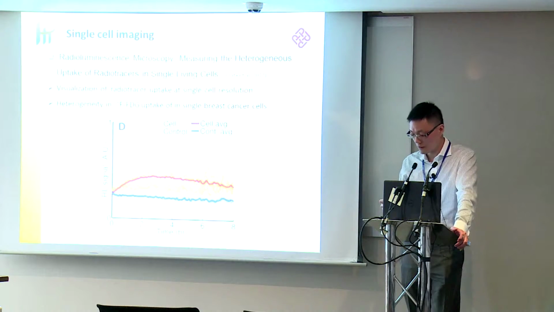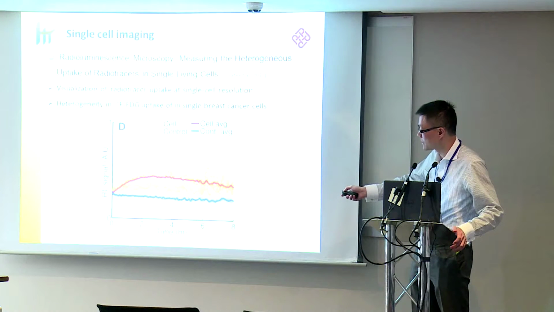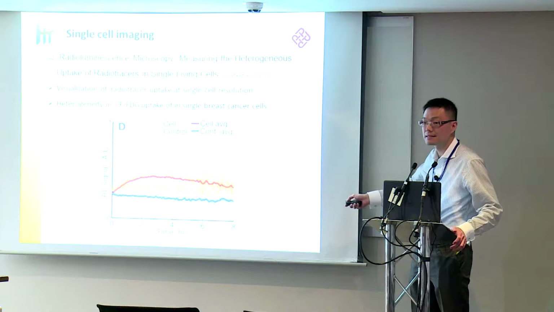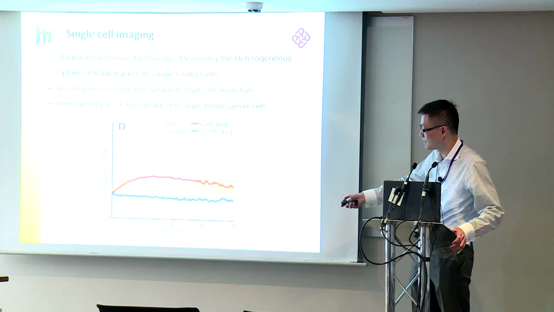They also traced the time-intensity profile of different cells. You can see in this diagram, the yellow line is the signal from the FDG for every single individual cell, the red line is the average across all these cells, and the blue is the control, which is the signal picked up from the background.